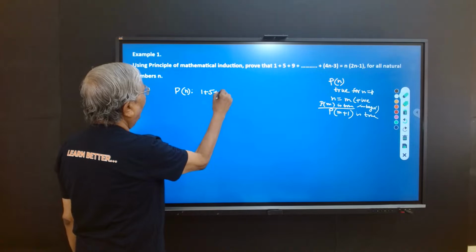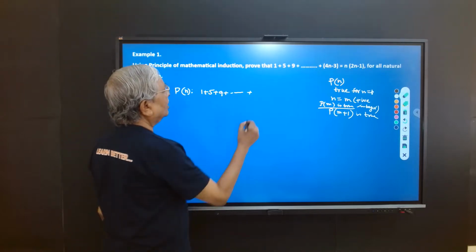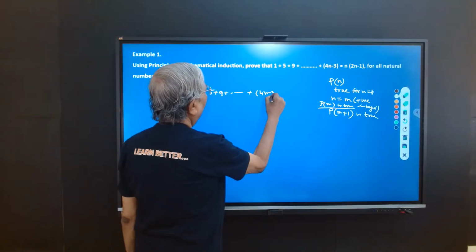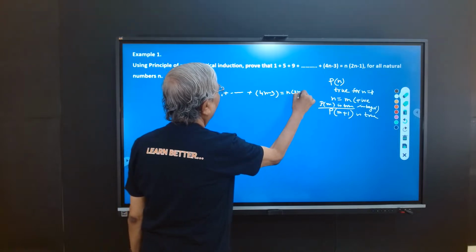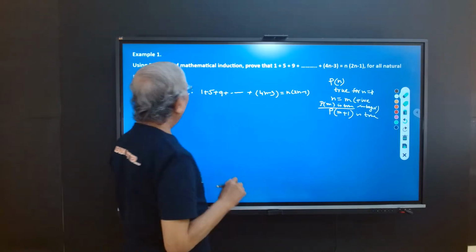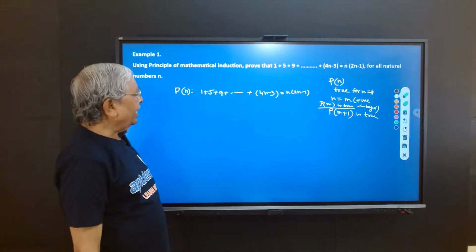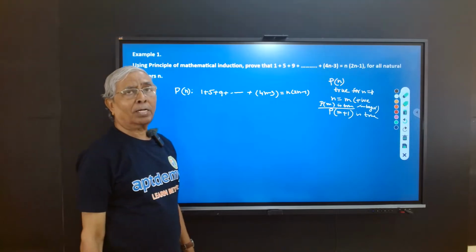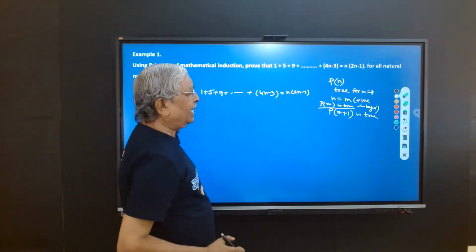Pn is the statement that 1 plus 5 plus 9 up to 4n minus 3 equals n into twice n minus 1. So just now I told you what mathematical induction is.